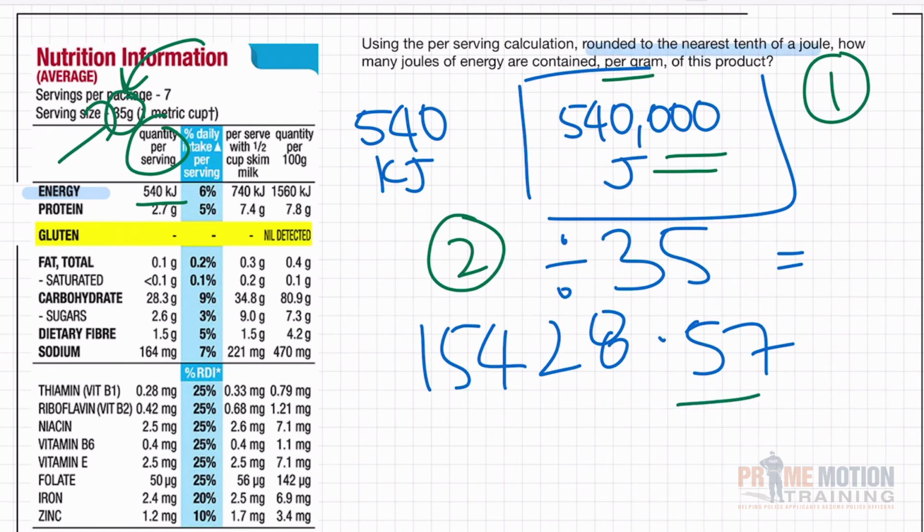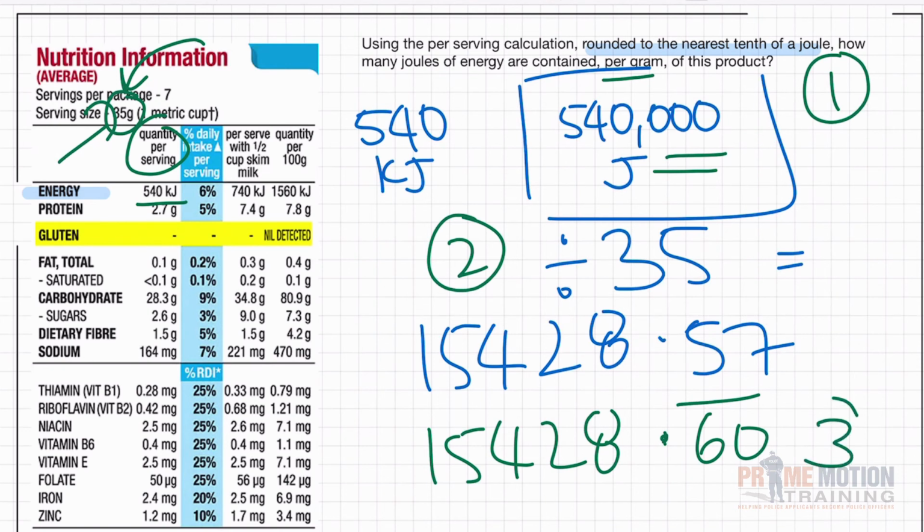So if we round to the nearest tenth of a joule, that would push us up to 60. So our answer to the question will be 15428.60. Okay, so that's the third step, which was to round, because the question asked us to do that. If it didn't ask us to do that, then this would also be the correct answer, but it did, and so I need to round it to here.